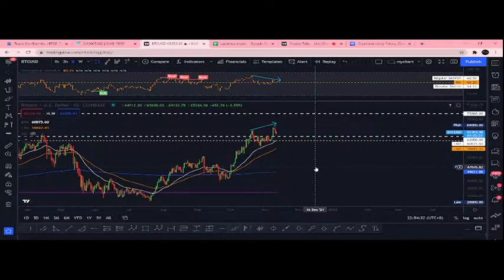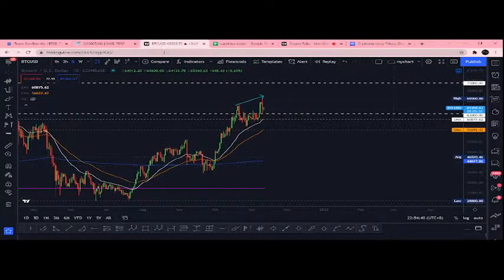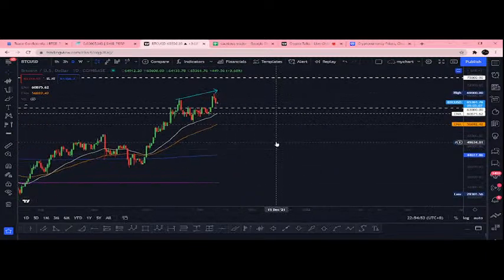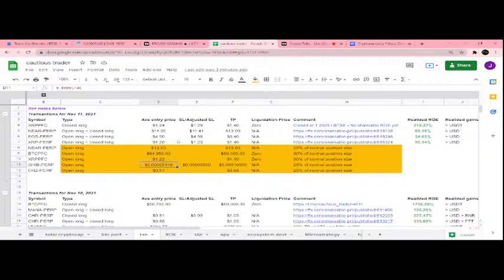But I'm still maintaining my bullish stance until the end of the year. So any healthy correction is, for me, a buy on dips, or a relong on correction. You can see me relonging after it hit my TP area.